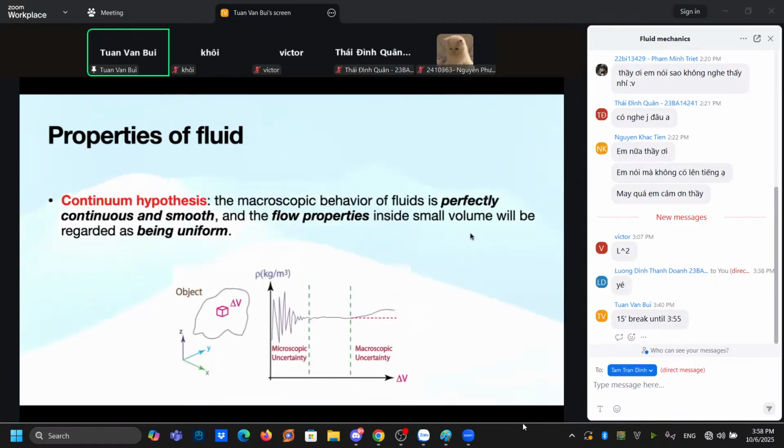We will use the continuum hypothesis to study the property of the fluids. That is, the macroscopic behavior of the fluid is perfectly continuous and smooth, and the flow property inside a small volume will be regarded as being uniform.